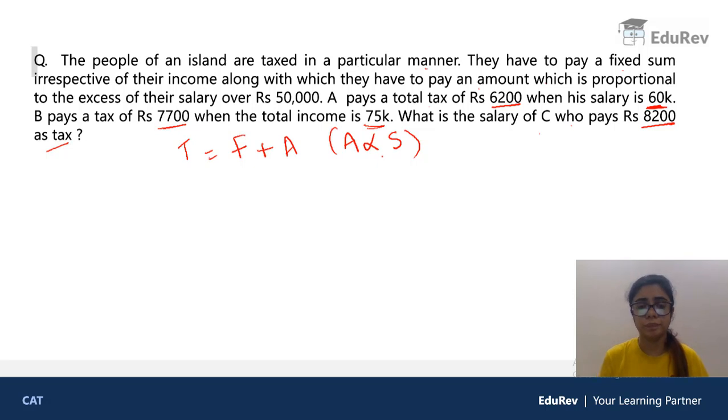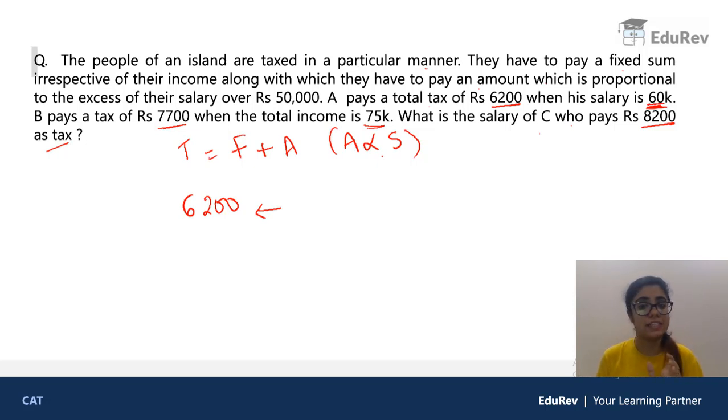How do we do that? See, understand, if your income is up to 50,000, you have to pay a fixed amount of tax. And beyond 50,000, you have to pay some extra money. We'll try to figure out what is the fixed money and what is the extra money we are supposed to pay. See, understand, we have to pay a tax of 6,200 if the income is 60,000.